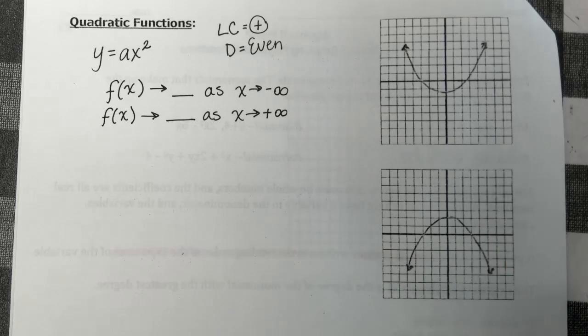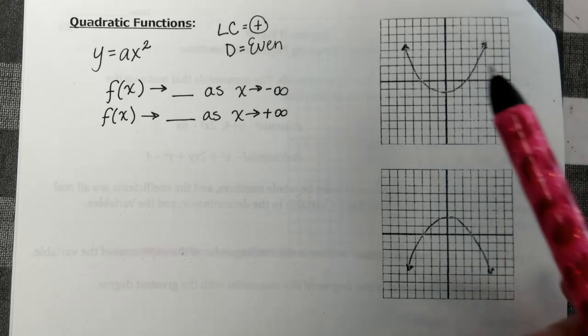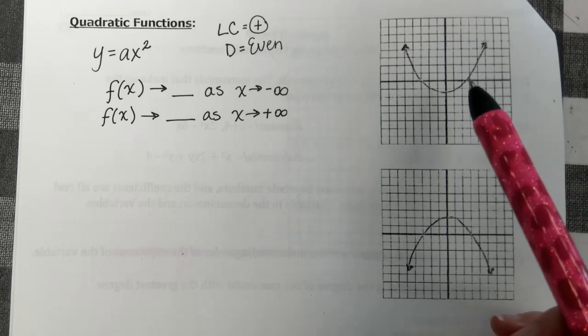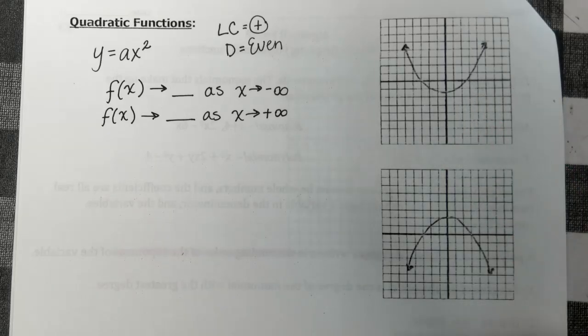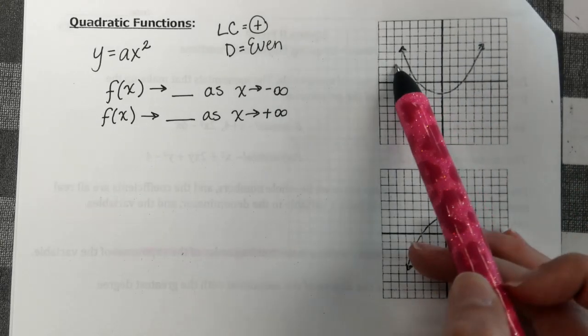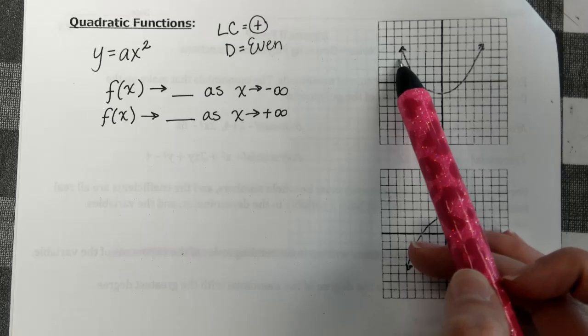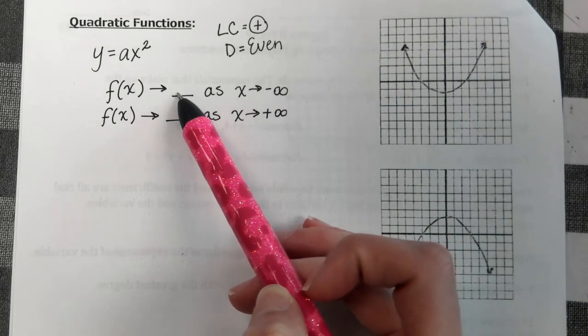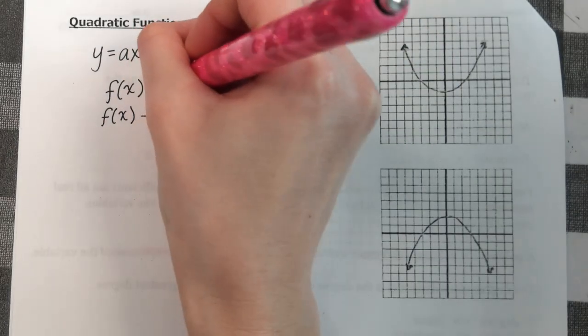When it's a graph, you can just look and you can tell where your function is going. Okay, so if you're visual, this should be easy for you. If I'm looking on the left side of my graph, where's my function going? Up. So what would I put here? I would put my positive infinity.